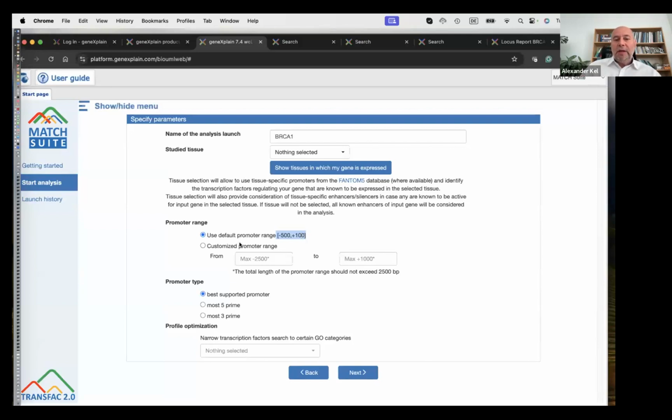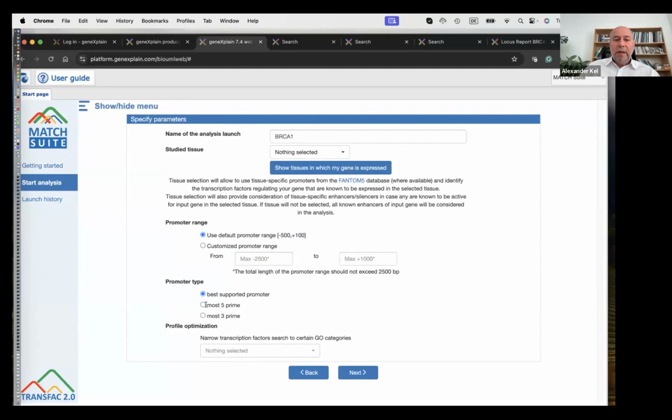But you, of course, know that in many cases, regulation of a gene is done by quite distal areas, and then you can customize your region to up to, I think, what was that? Up to 2,500 upstream and up to 1,000 downstream.